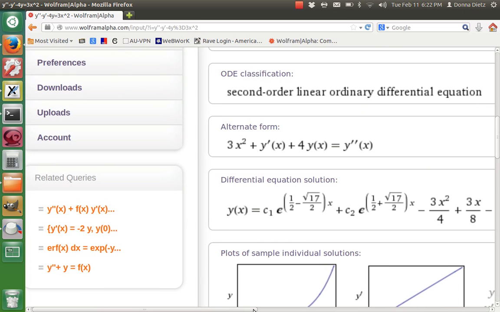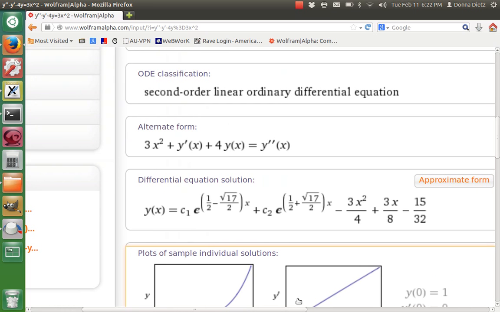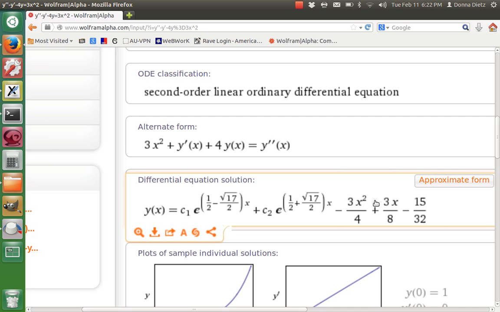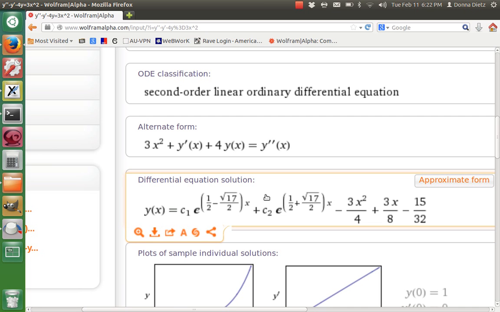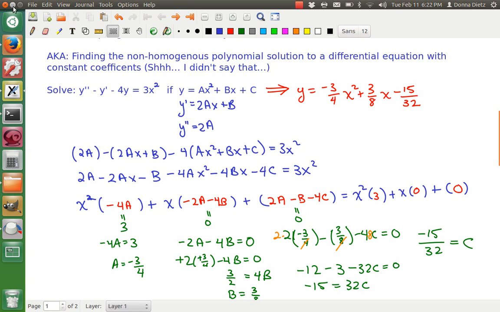Alright, so this is what Wolfram Alpha is telling me, and you can see that we agree right here with the ax squared plus bx plus c, but Wolfram Alpha has this other stuff going on. So am I lying to you? No, I'm not lying to you. What's going on is all this stuff is the non-homogeneous part, which is not part of this lesson.